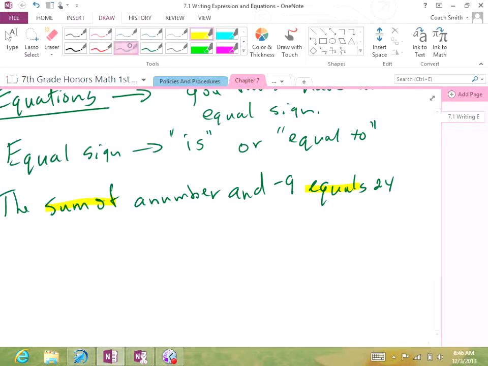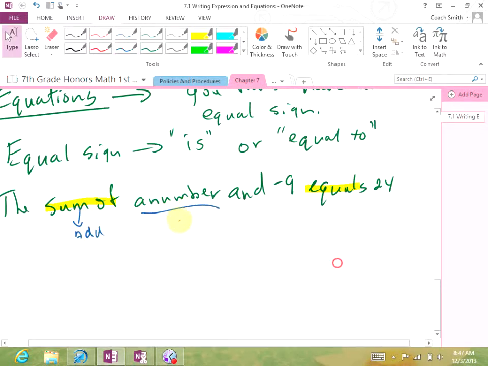So we already know, what does the word sum, S-U-M, mean? Adding. It means to add. It's the total to an addition problem. So we're going to take the sum of a number. This means to add.